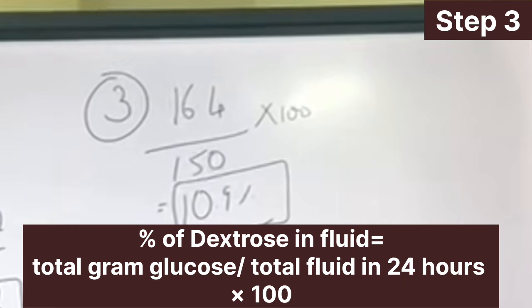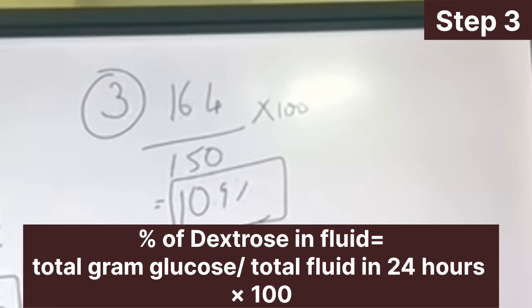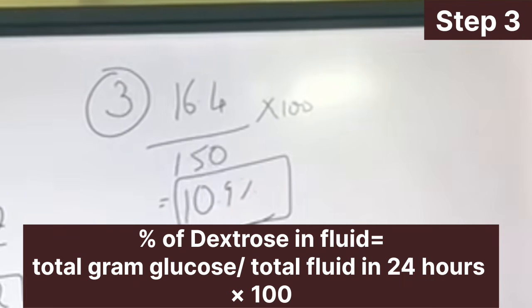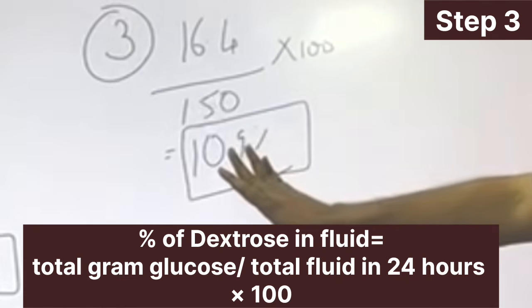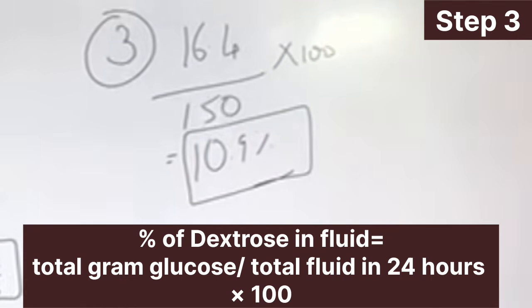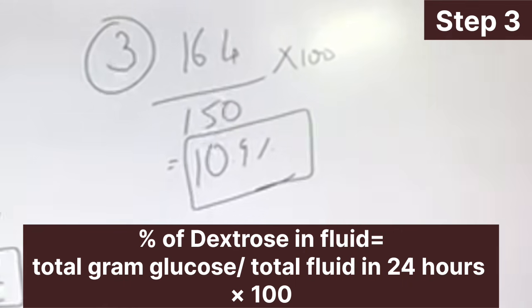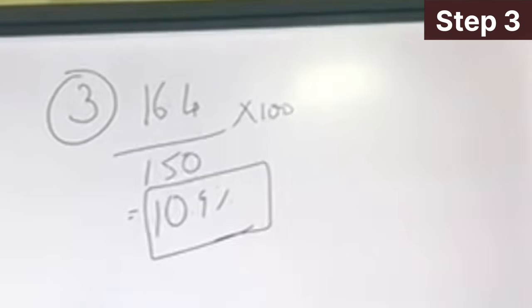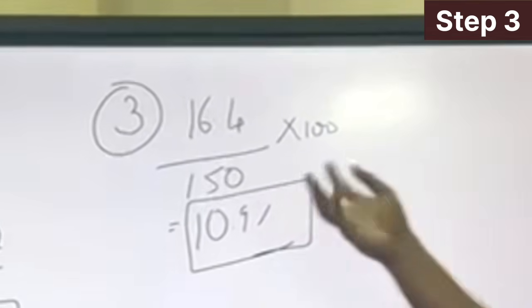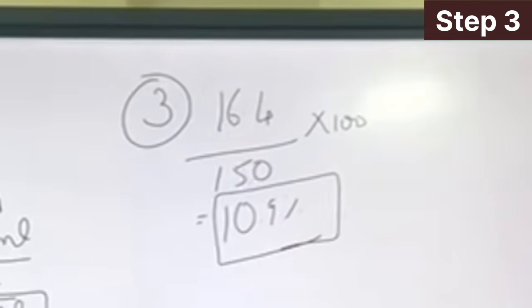The confusion you have is whether to start 10% dextrose, or 25% dextrose, or a mix of both. So now since this is 10.9% dextrose, it is nearer to the fluid which is available to you. You have 10% dextrose. So it is okay if you give a little bit of 10% dextrose extra, that is fine.